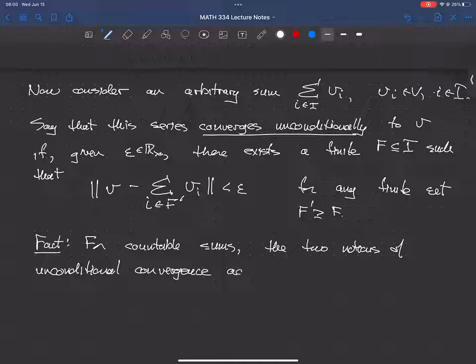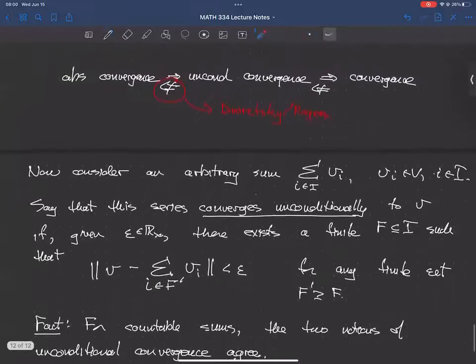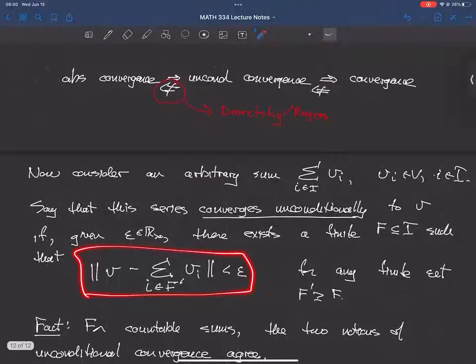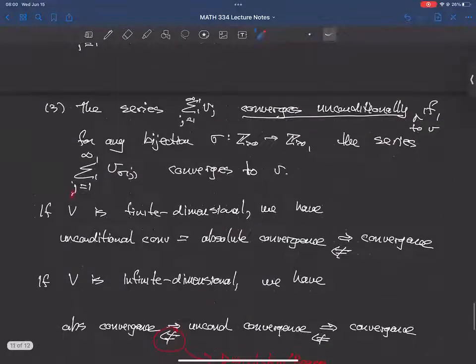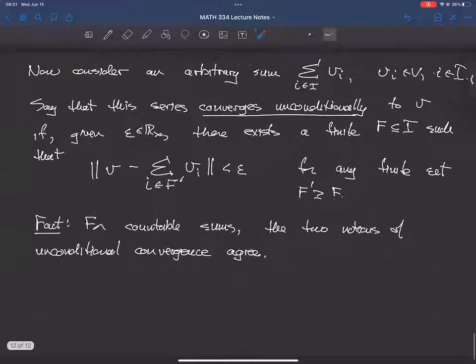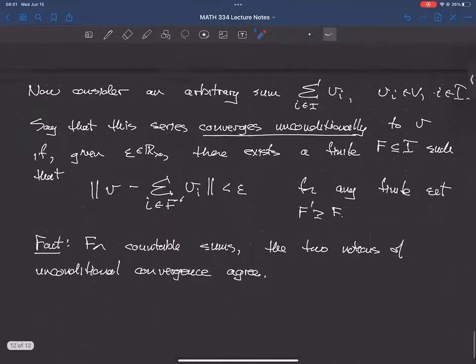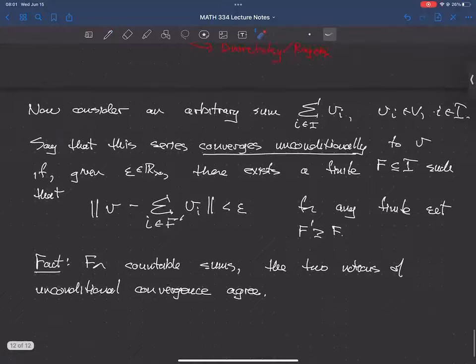So this one involving finite subsets and this one involving rearrangements. And the advantage of this one is that it makes sense for arbitrary sums. And that's kind of the whole point.